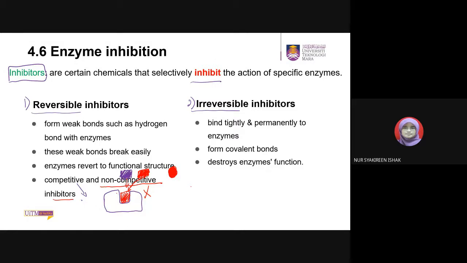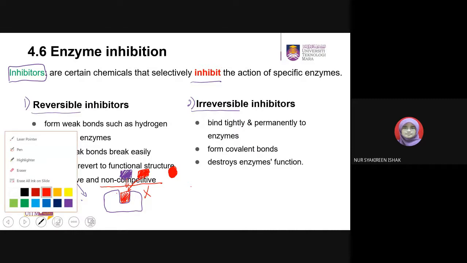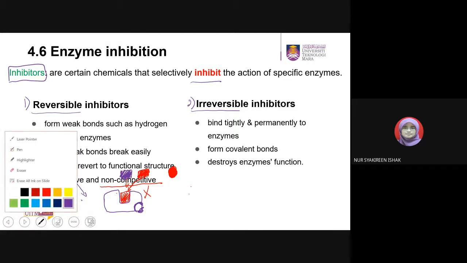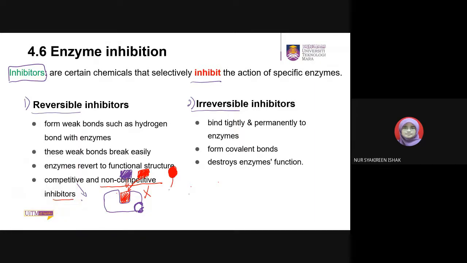Because its shape is different from the substrate, it will not compete with the substrate to bind to the active site, but instead it will bind to another site of the enzyme. We call it the allosteric site.